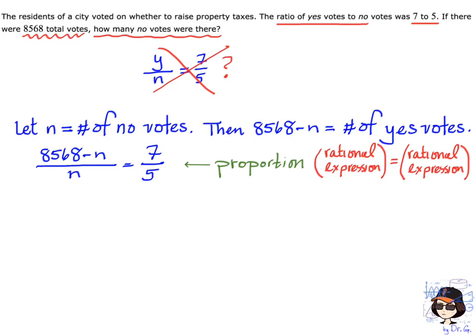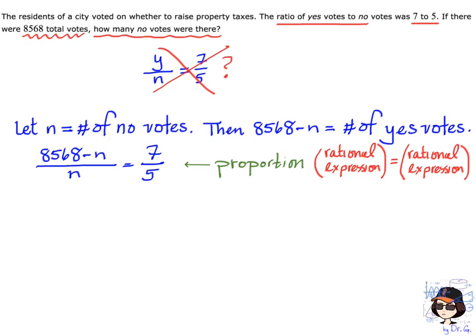There's no sum on either side, just a single fraction on each side of the equation. So that's a proportion. One of the ways that we solve a proportion is we can multiply both sides by the least common denominator. In this case, that would be 5n. Or we can cross multiply.